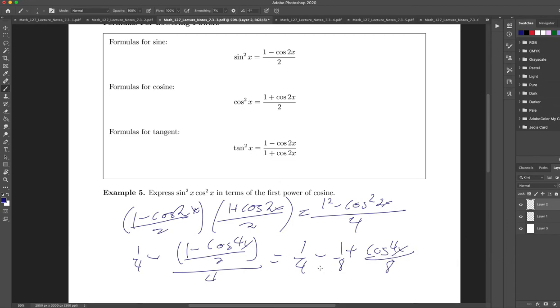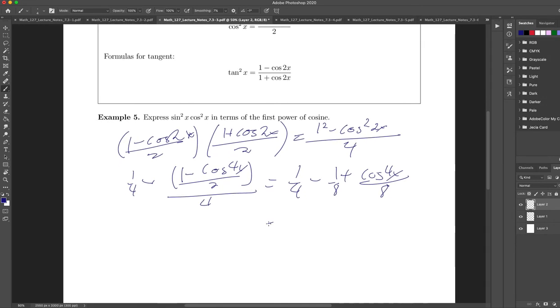And here you can go ahead and do that and simplify just one step further, and this will give you 1/8 plus cosine of 4x over 8.